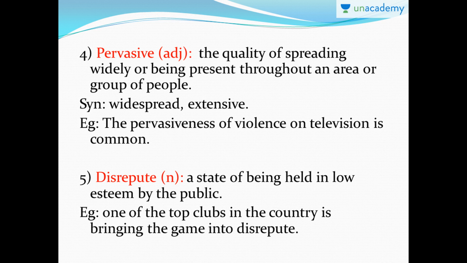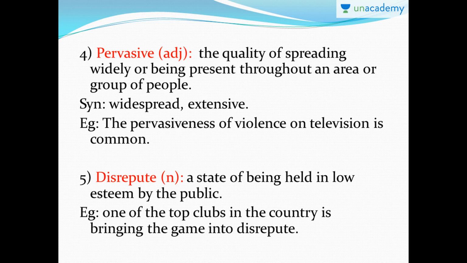The pervasiveness of violence on television is common. That means the widespread violence. Whenever you turn on a TV or change any channel, one channel or another will obviously display violence. So that is very common. The portrayal of violence on television is pervasive. That means it is widespread. It is very extensive.